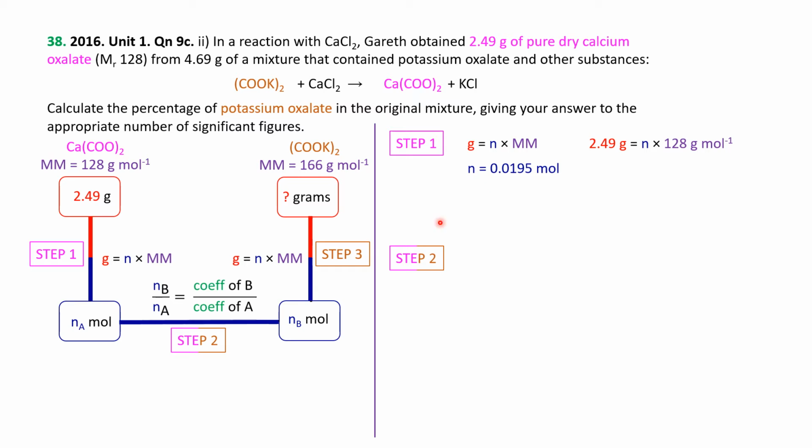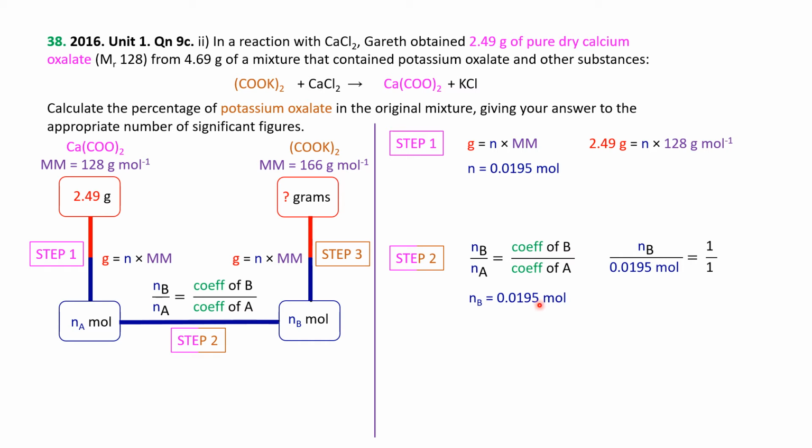Step number 2, going from moles of the calcium oxalate, which is 0.0195, over to the moles of potassium oxalate here. So we need the equation, coefficients of the equation, and what we find is that it's a 1-to-1 reaction. A-level examiners love 1-to-1 reactions for this stuff, don't they? So therefore, the moles of B, which is the potassium oxalate, over the 0.0195 moles of A that we just calculated as 1-to-1.